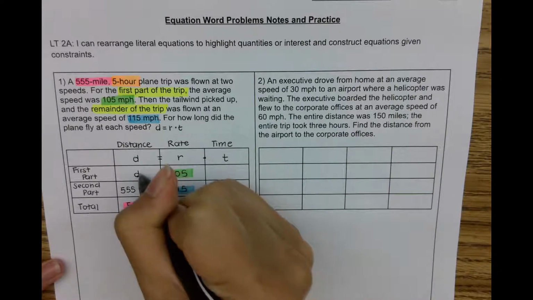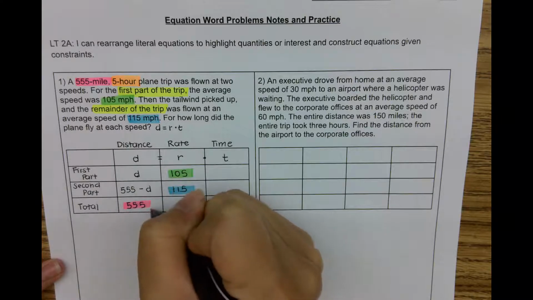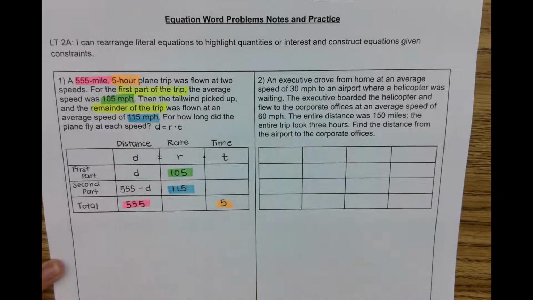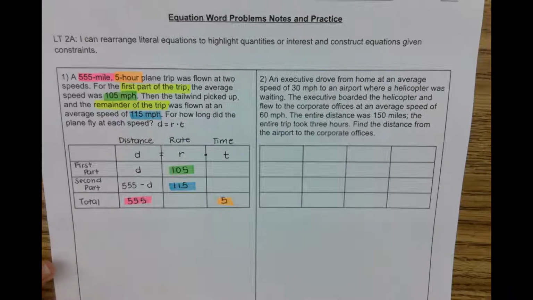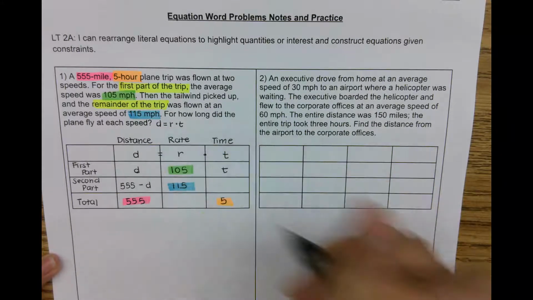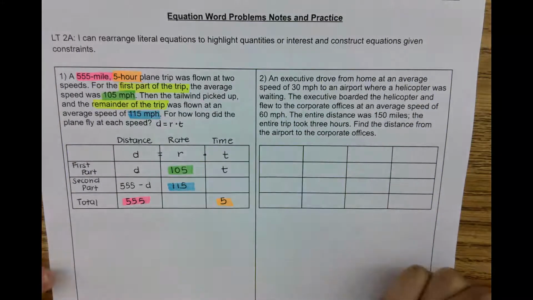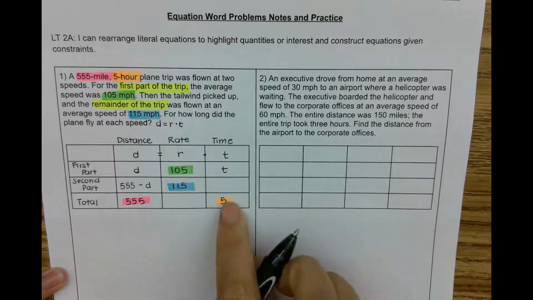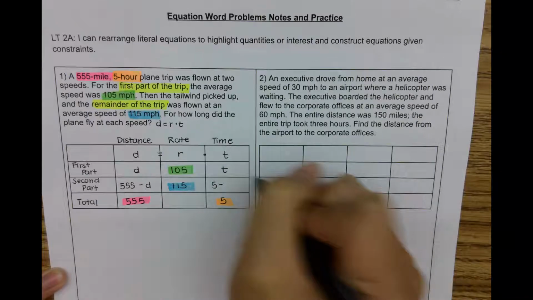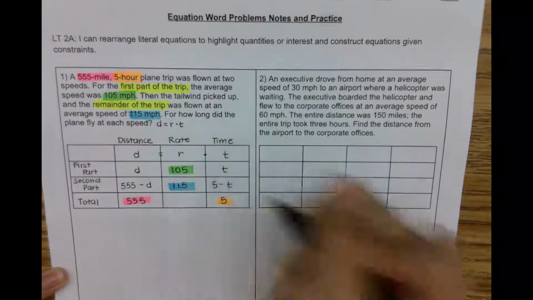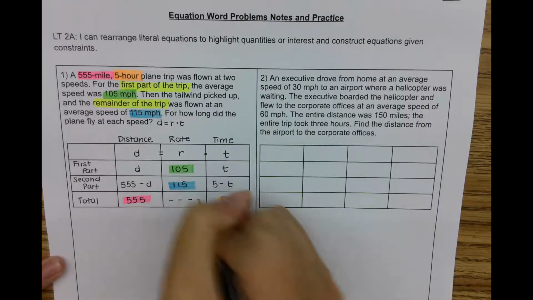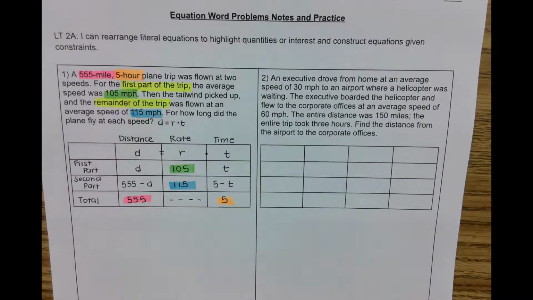I could do the same thing for time. If the first part took some time t, and the total was 5, the second part has to be 5 hours, the total, minus whatever the first part was. And this rate we don't know, so I'm just going to cross that out a little.